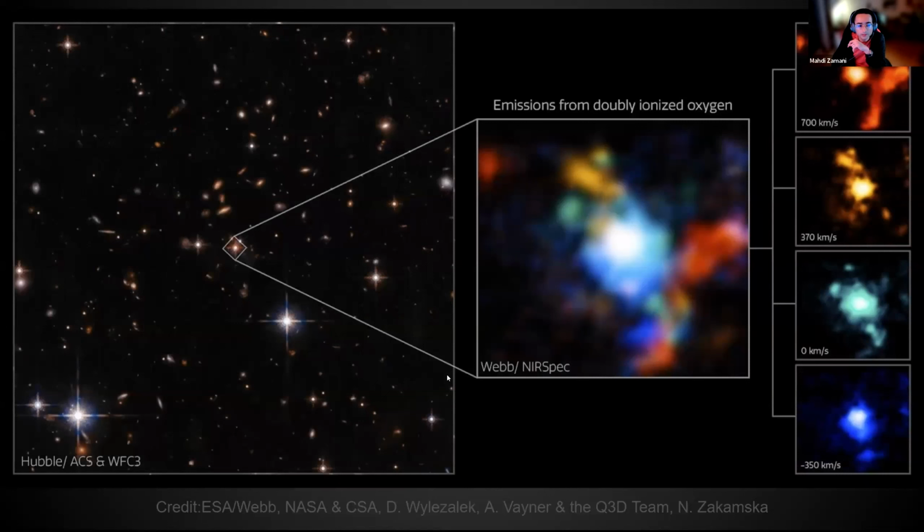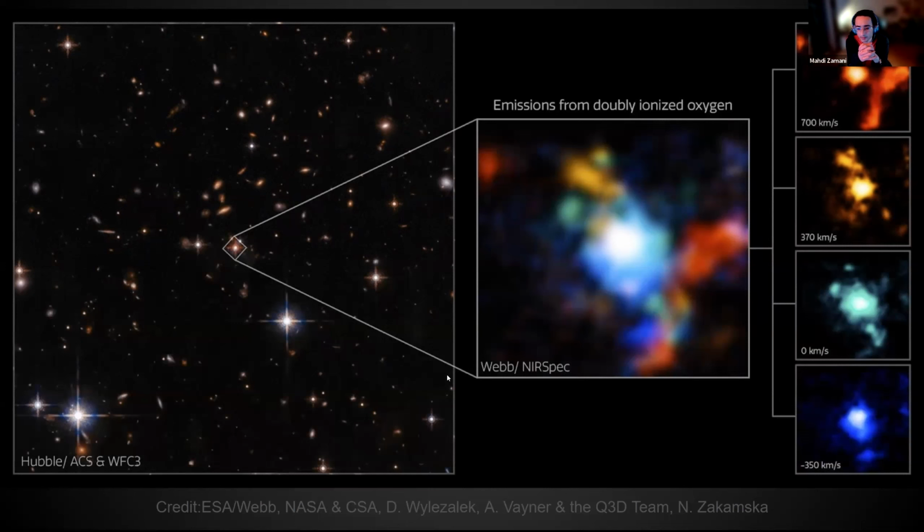And the other one is that we use colors also to give a morphology depth to a distant object here. This object here is, for instance, a galaxy cluster in the making in the early universe, and you can see all these emissions are from doubly ionized oxygen.